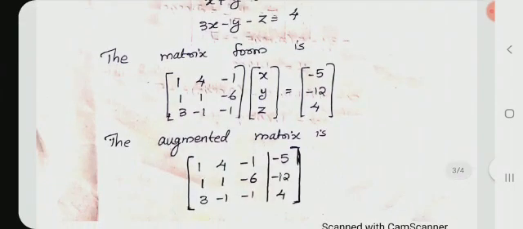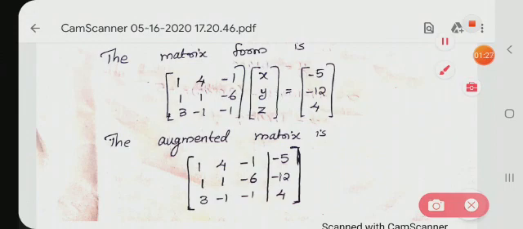Now we form the augmented matrix by inserting the constant matrix minus 5, minus 12, 4 to the right side of the coefficient matrix A. So the augmented matrix is 1, 4, minus 1, minus 5, 1, 1, minus 6, minus 12, 3, minus 1, minus 1, 4.